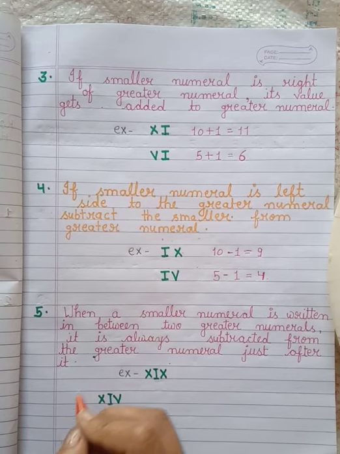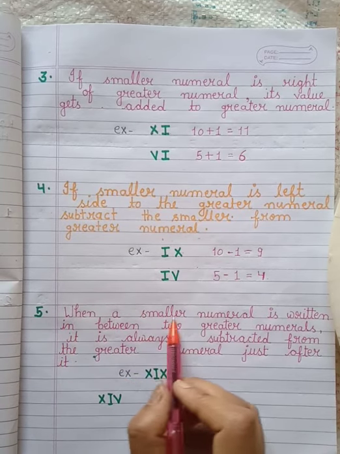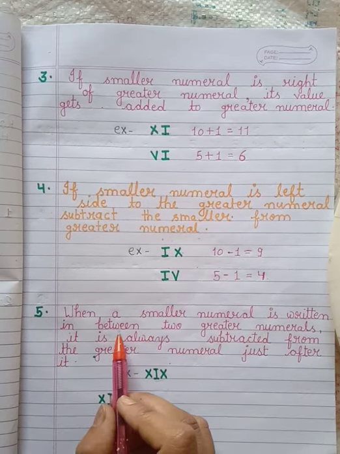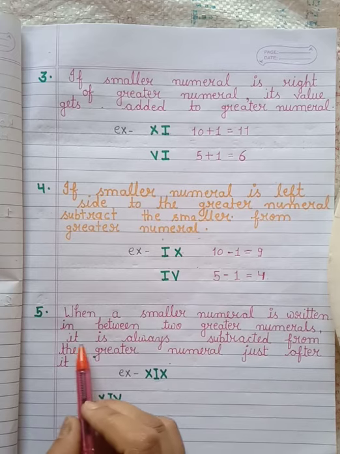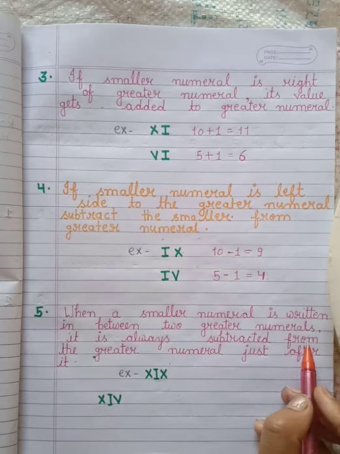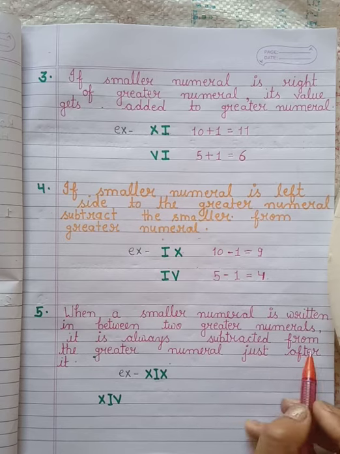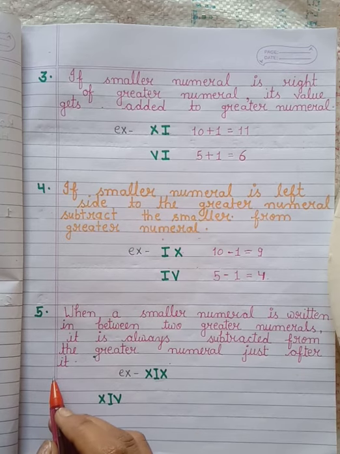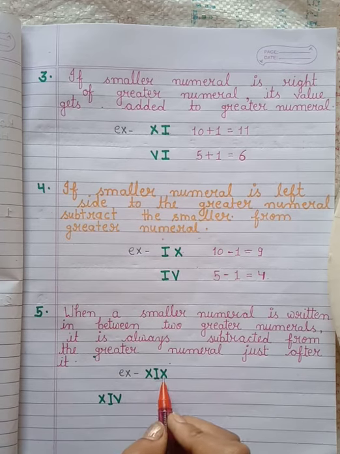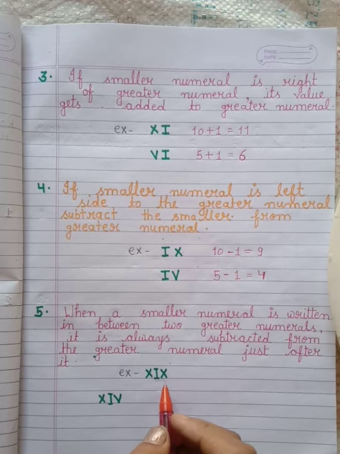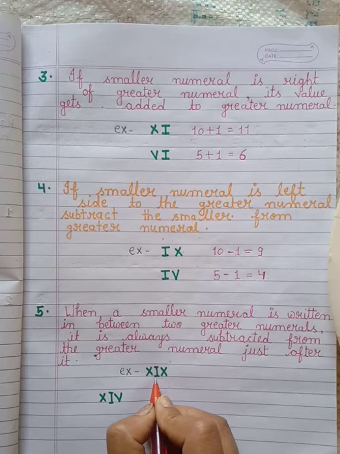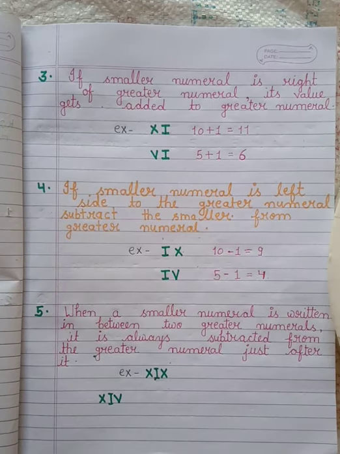Now let's see rule number 5. When a smaller numeral is written in between two greater numerals, it is always subtracted from the greater numeral just after it. For example, XIX. Here the smaller numeral is in between two bigger numerals.